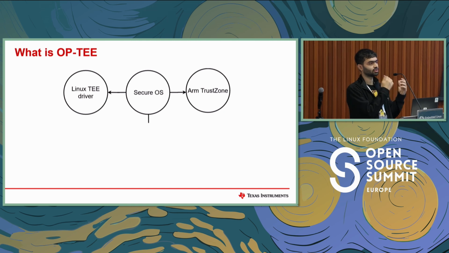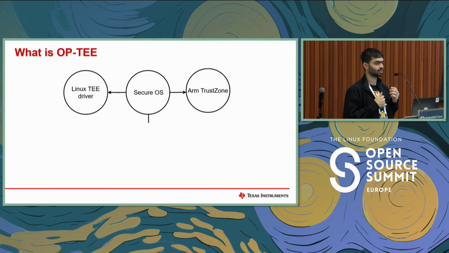You are in the non-secure world and you need to communicate to something that's running on the secure world. So you have services defined. Those are the trusted services that I had shown in the last slide. They are UUID identified. You have some UUIDs, and based on different UUIDs, you can tell which service you want to communicate to.